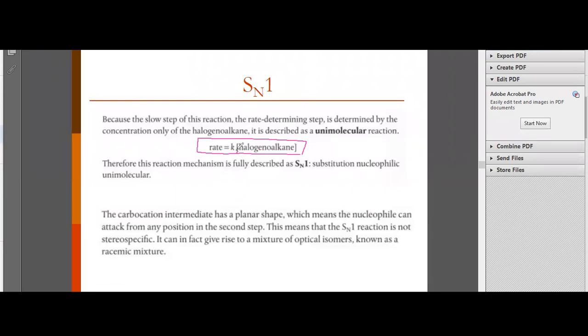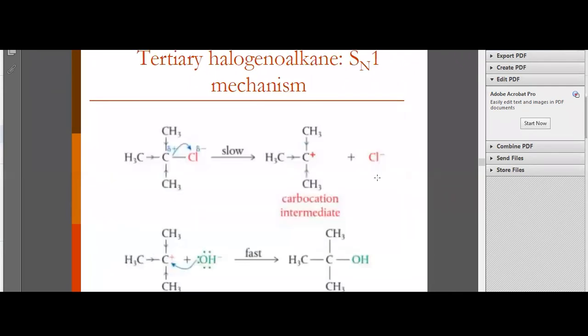So the rate equals k times the concentration of halogenoalkane. SN1 stands for nucleophilic substitution unimolecular. So the slowest step is when the C-X bond breaks.